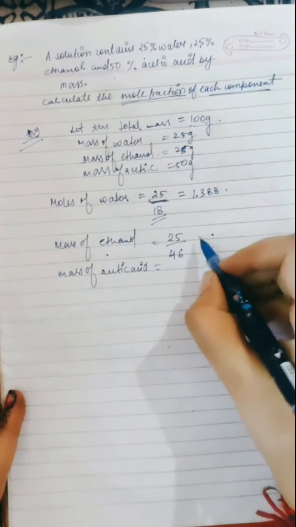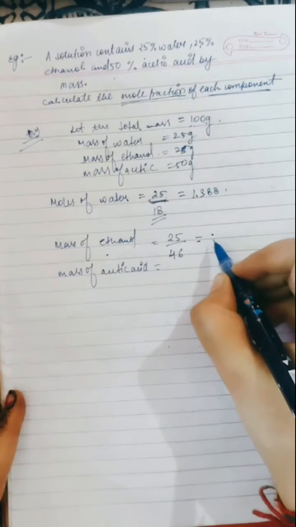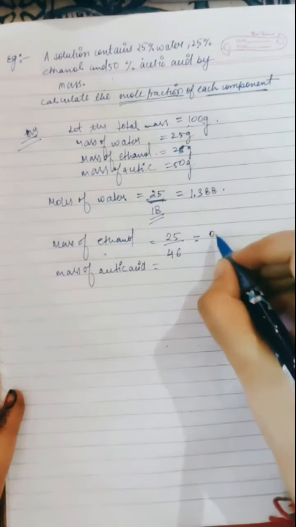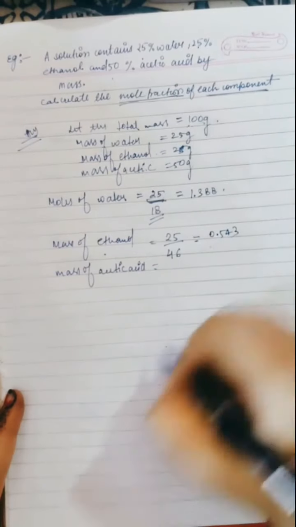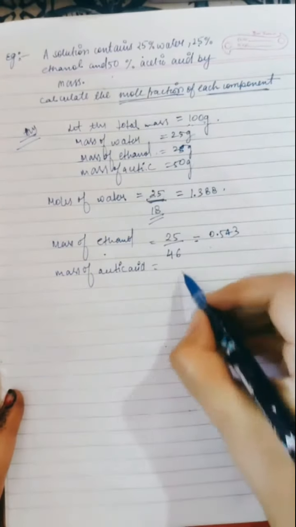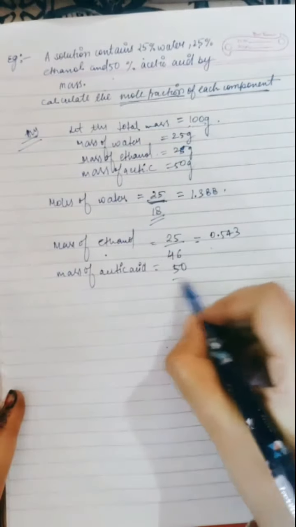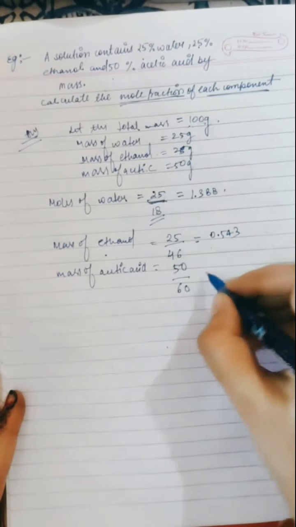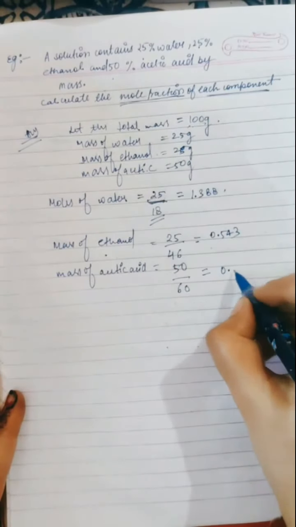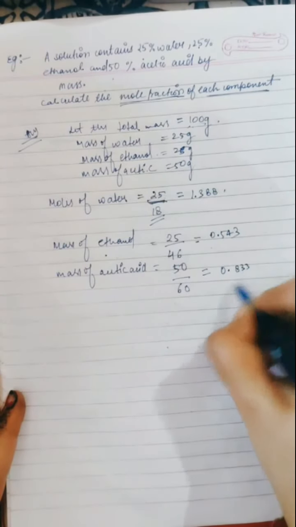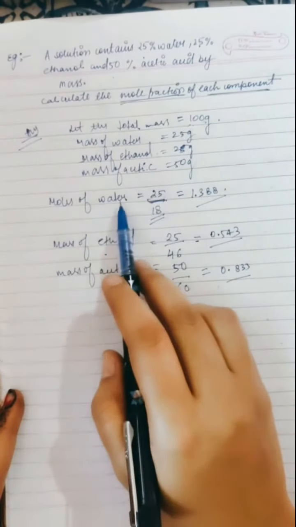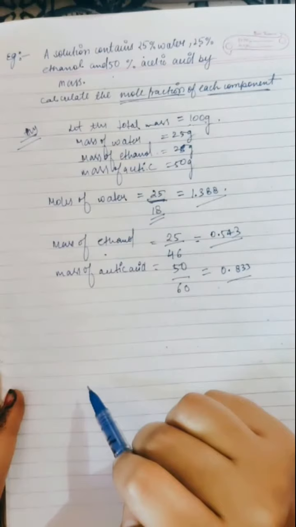After solving this, we will get 0.543. For acetic acid, 50 is the mass and the molar mass of acetic acid is 60. After solving this, we will get 0.83. So we have calculated individual moles of the three components.